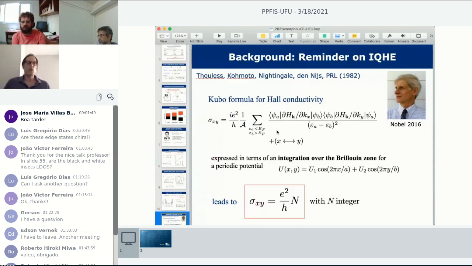The whole system is very disordered, etc. So they had to use very many simplifications to show that under some strict circumstances, the conductance would be quantized, right? The conductivity would be an integer number of e squared over h. And this is the correct result, for a model which was at that time criticized.